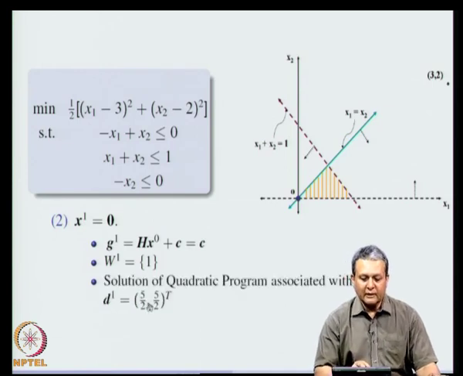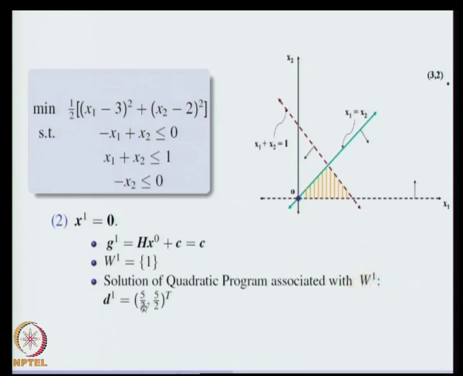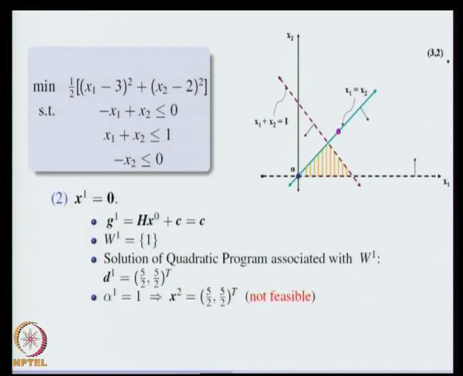It turns out that d 1 is this direction, where both the x 1 and x 2 components are 5/2. If we consider this direction and set alpha 1, the step length, equal to 1, then we get x 2 to be 0 plus this quantity, which is 5/2 comma 5/2.